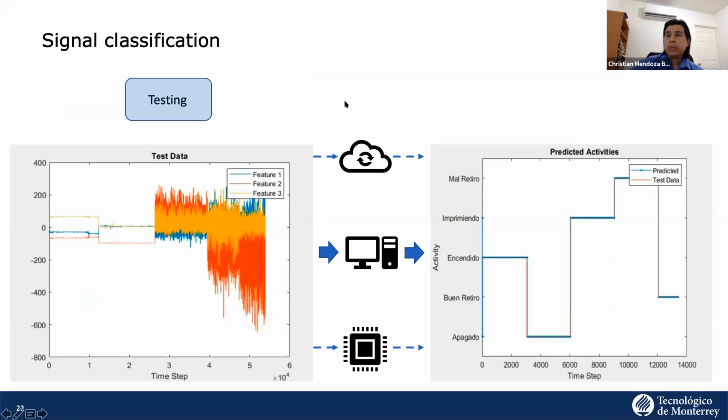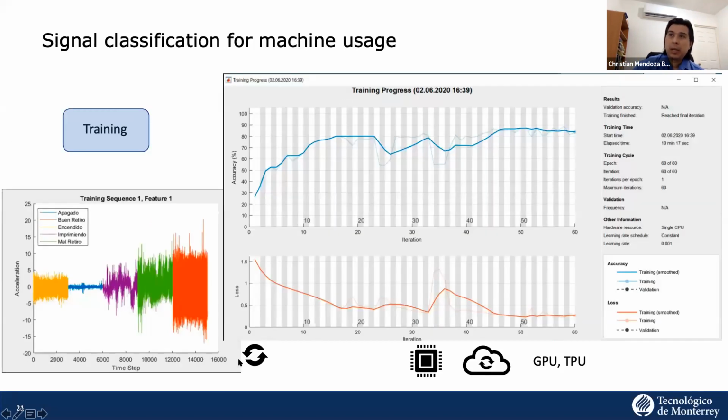So now, let me go back just briefly. By the way, this process is iterative. It's not just one signal. Remember, we need a lot of data. So we did a lot of different tests. We recorded many signals and we fed the computer model with all that data. This process goes on and on until we obtain something good enough.